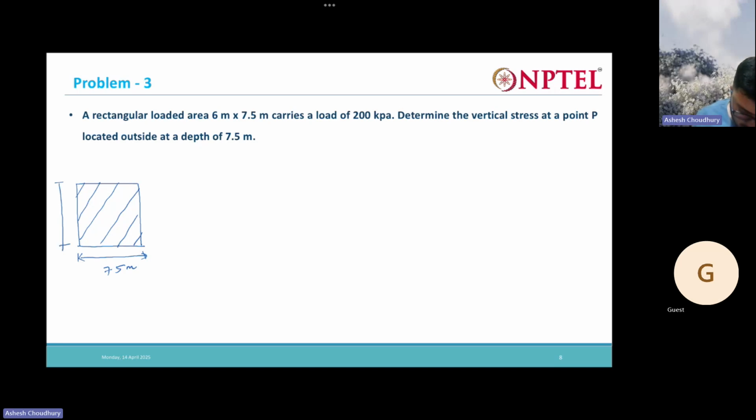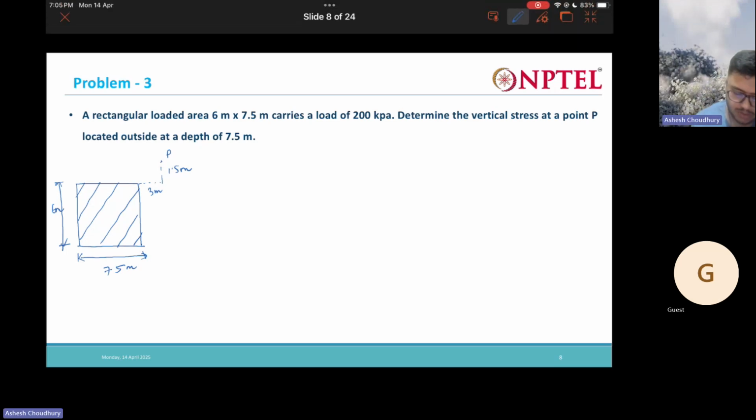This is 6 meter. And P is located somewhere here. This is 3 meter. This is 1.5 meter. Try to calculate this. This will be similar to the problem that we solved in the previous class, right? So try to do this.